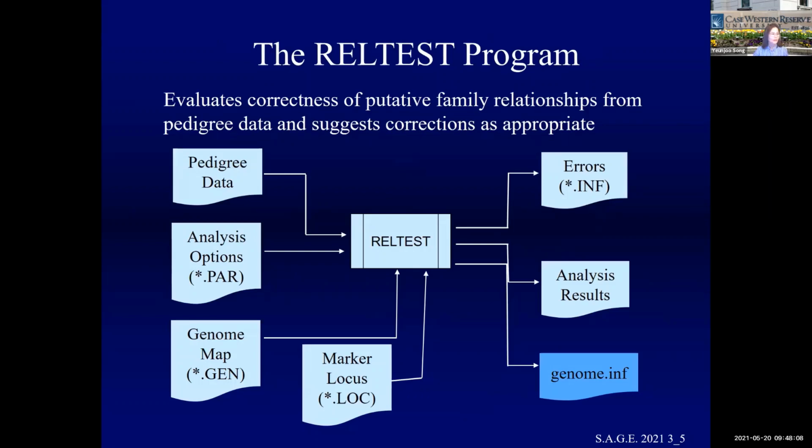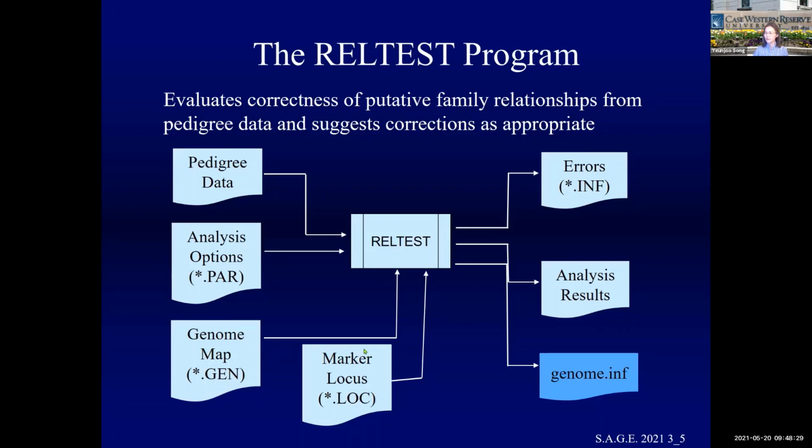Now we'll go over, just like the previous programs, what we need to run the rel test program. Previously we didn't need a genome map file, but we covered how to construct a S.A.G.E formatted genome map file.